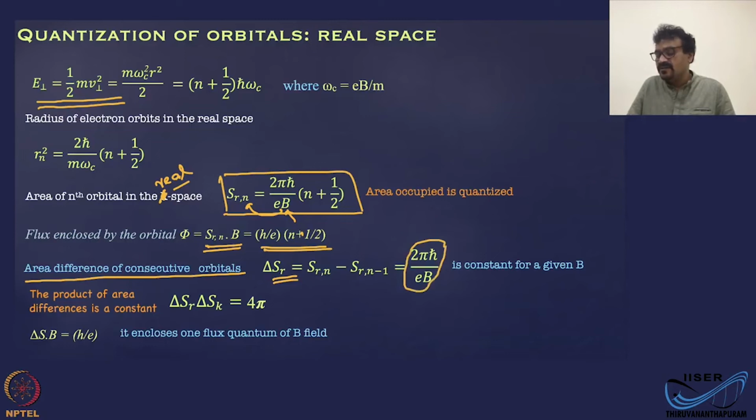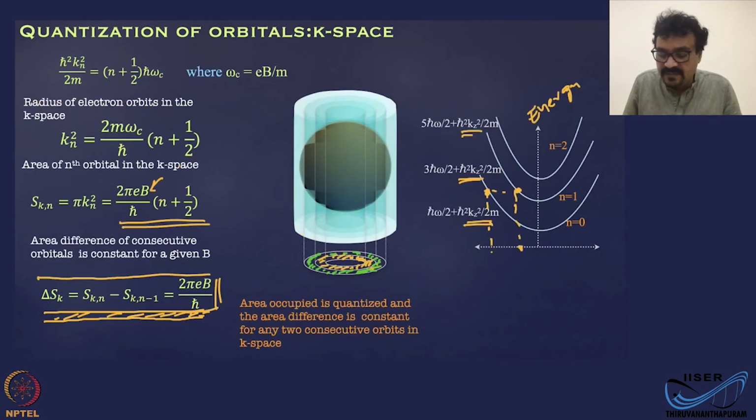Is constant, 2π ħ by eB, for any B field. Okay. So this is the ΔS for two successive orbitals, the area difference, and we have the same ΔS in the k space here, okay.